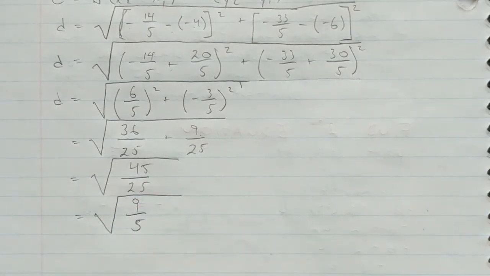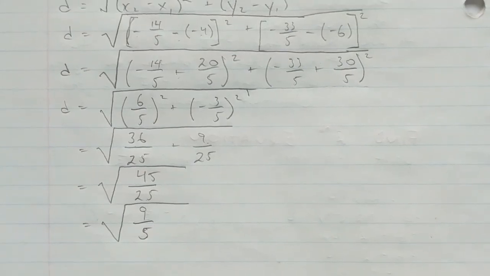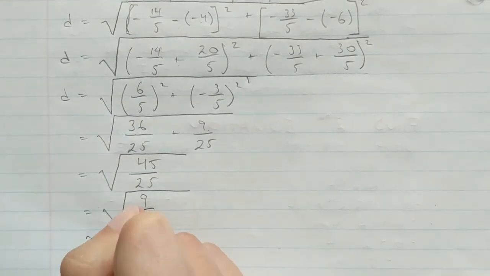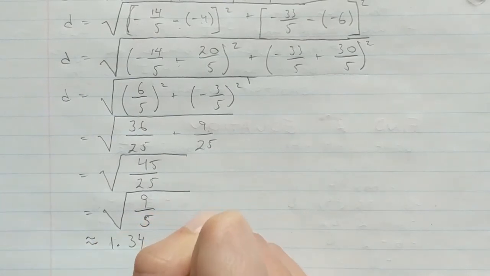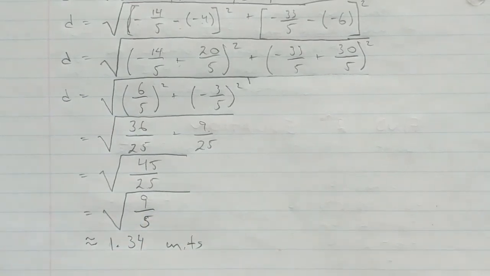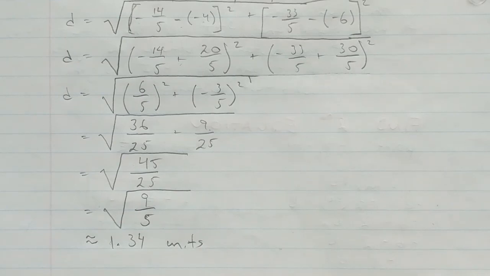So it's going to be the square root of 9 over 5. If we type that into our calculator, the square root of 9 divided by 5, that is approximately 1.34 units. Remember, our original estimation was 1.5 units, so that's really not that bad. We came pretty close. It's 1.34.